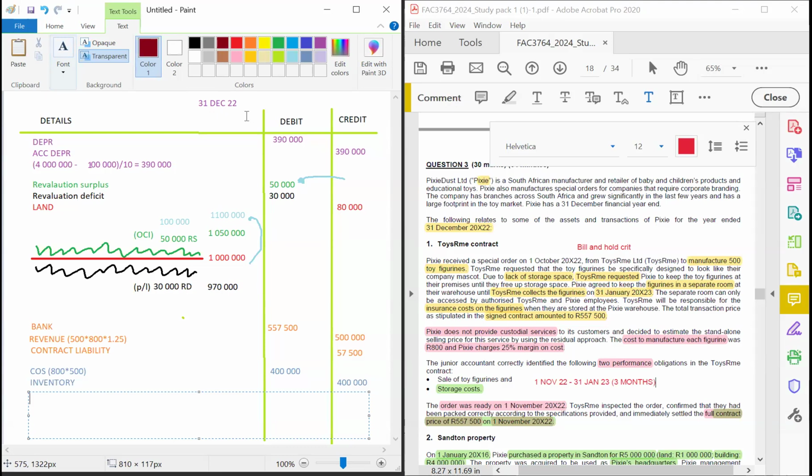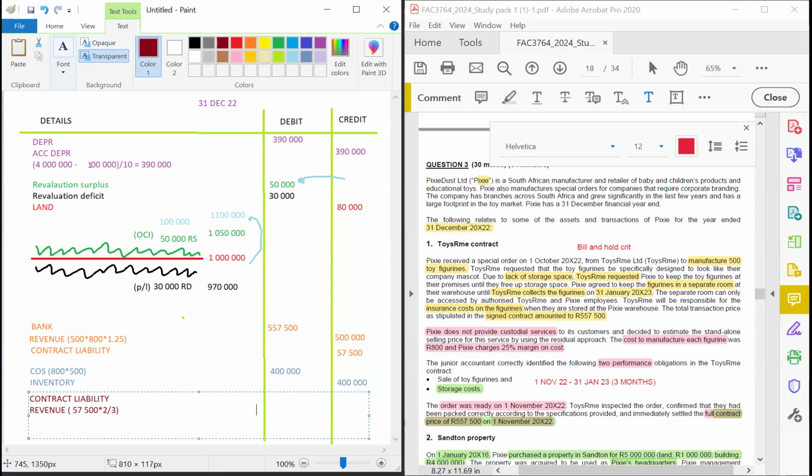So I'm going to reverse this contract liability over 3 months, but only for 2 months. So I am going to recognize revenue for these 2 months, as we have satisfied the performance obligation for the 2 months only, and we are left with 1 month, right? So I'm going to take the 57,500 and multiply by 2 over 3. That's what I'm going to recognize revenue with, right?